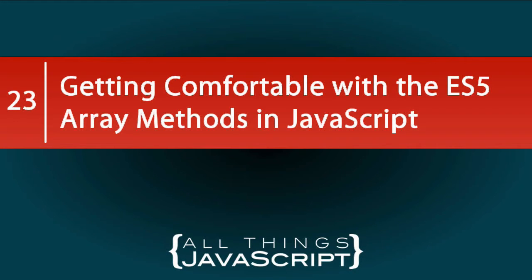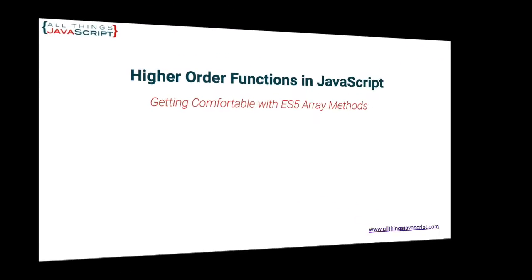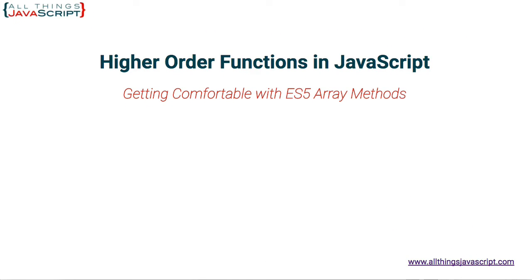JavaScript supports higher order functions, and one place where that's seen is with the ES5 array methods. These are methods that were added to the array object in ECMAScript 5. Now I find that these methods are not used very much, and I think it's because a lot of developers just aren't comfortable with them.